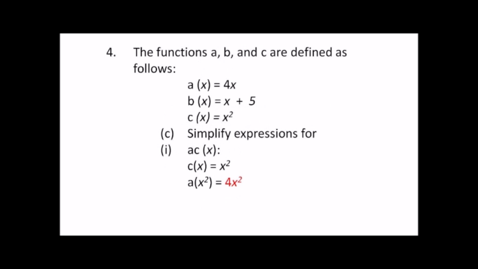And for c, you have to simplify an expression for ac of x. So you use the composite function, c of x is x squared. Plug that into a, it'll be 4 times x squared, 4x squared. Simple as that. That would be your final answer for that composite function.